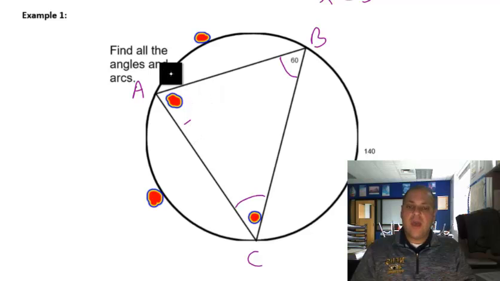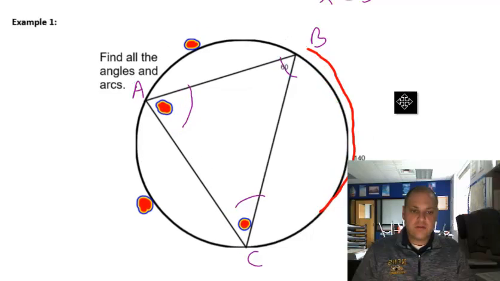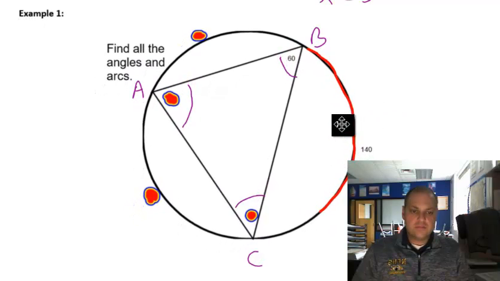Because I don't know A, but I do know that A goes to C and it goes to B. So the intercepted arc is BC. See the red?